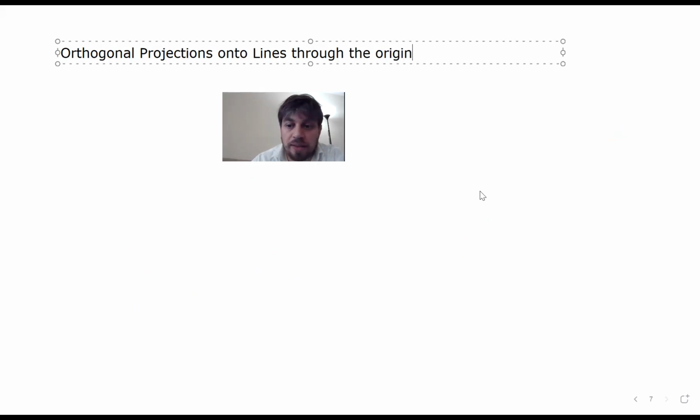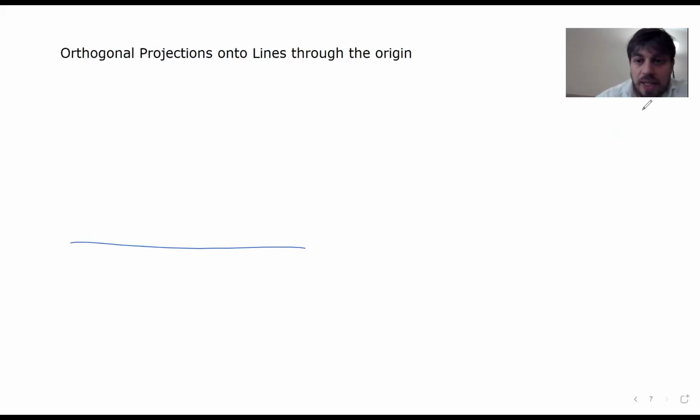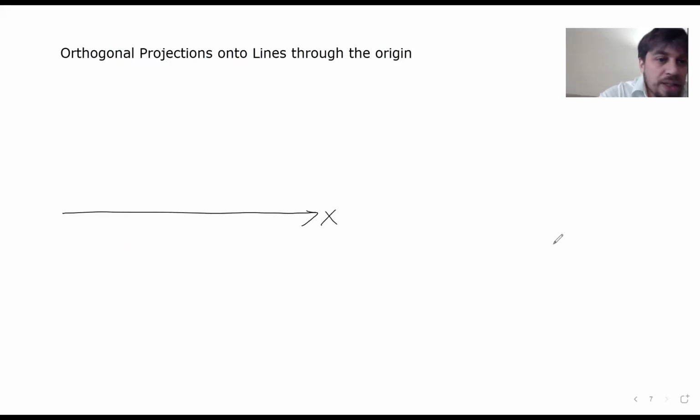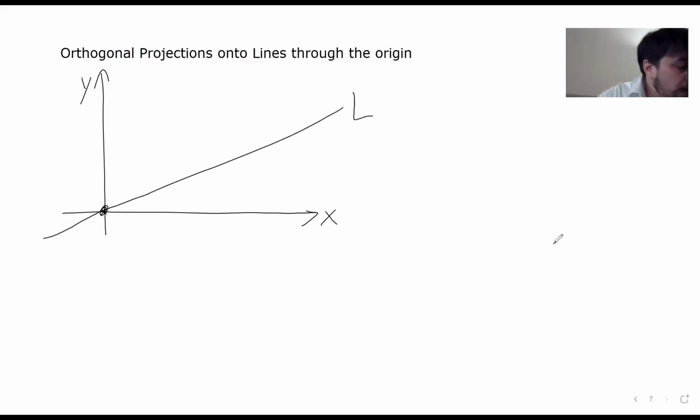If you have the x-axis, the y-axis, and a line L through the origin, and you have a vector x, then you just project it onto that line and get a vector along that line. This is T of x.